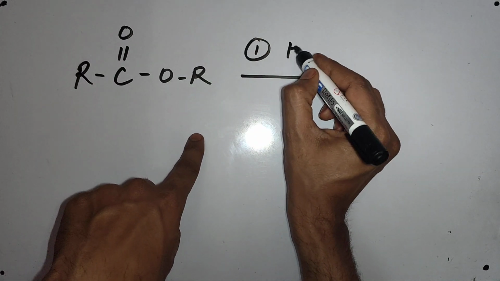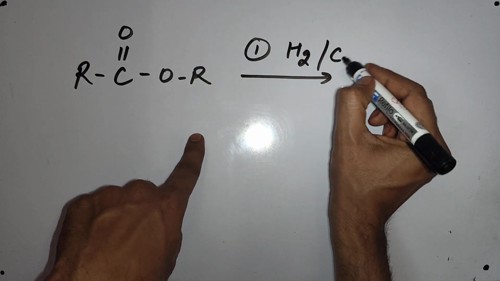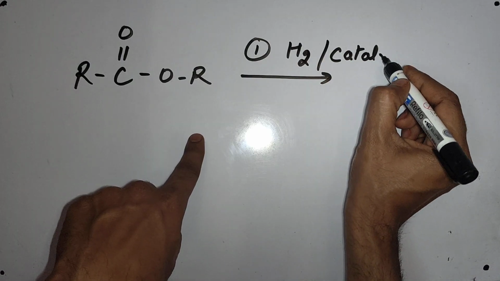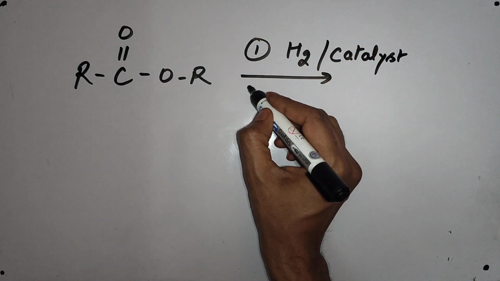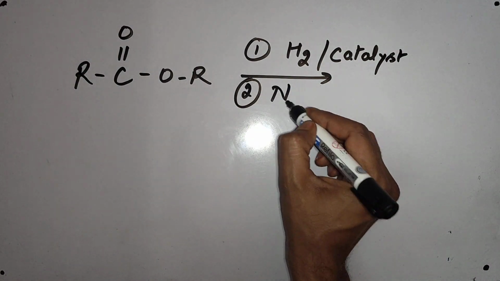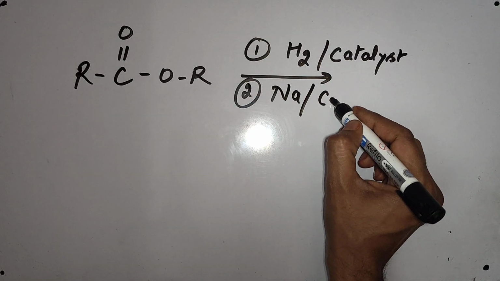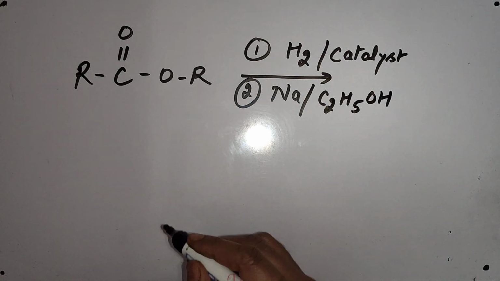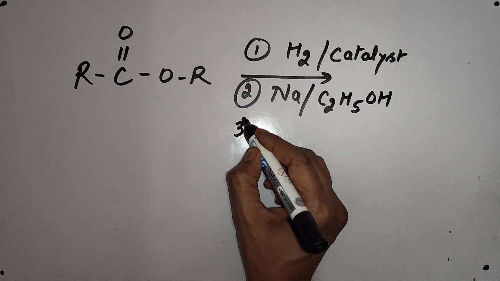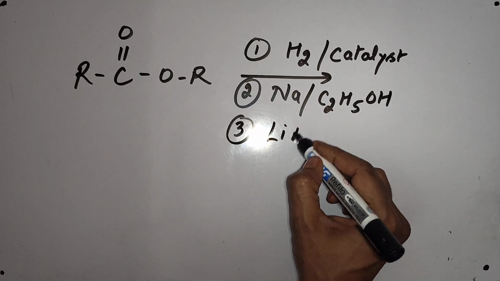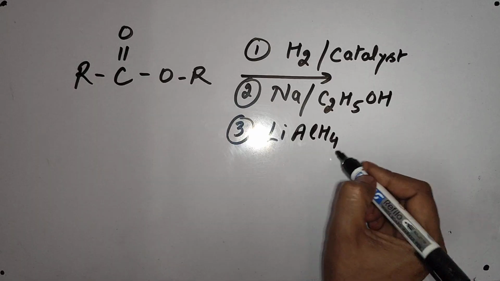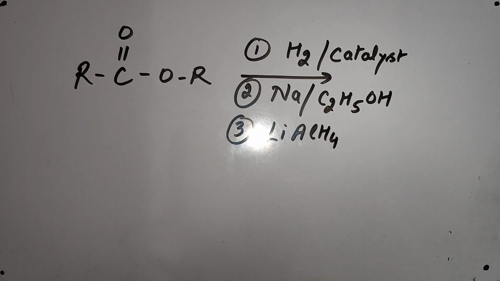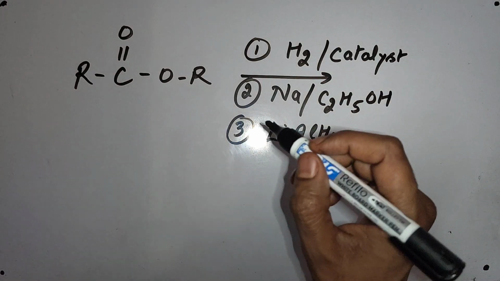Number one, direct hydrogen gas in the presence of catalyst. Second, sodium in the presence of ethanol, C2H5OH. And third is lithium aluminium hydride. These reducing agents you can use. Now how to reduce it?